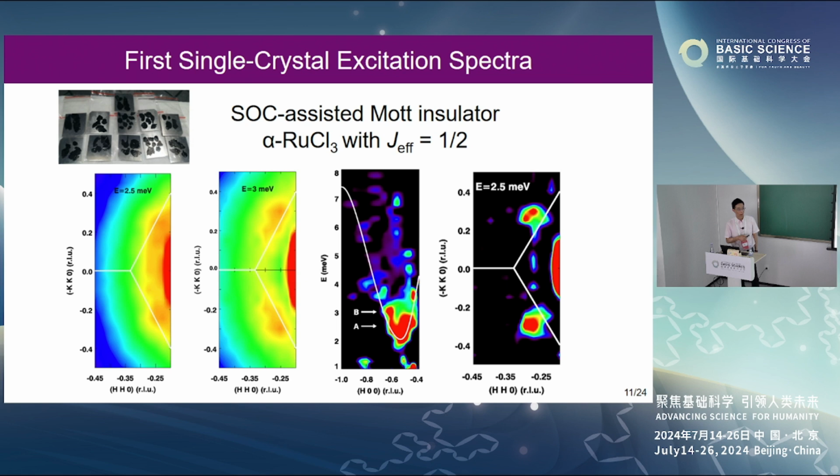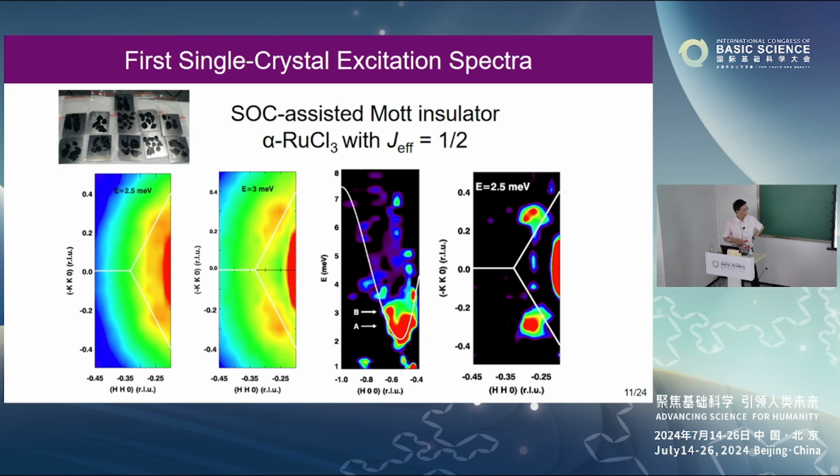We co-aligned about 1.5 grams of single crystals, and then we obtained the single crystal spectra for this material. So this is in momentum space, and this is the dispersion. Because this material is magnetically ordered at low temperatures, you have this kind of spin wave excitation.